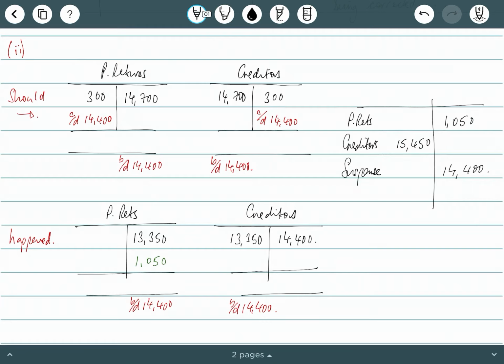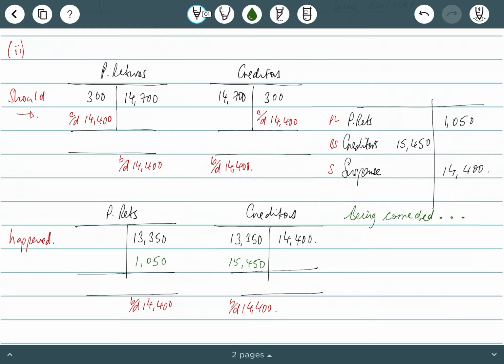And we can simply, with the green marker again, put in the 15,450 here. That will give you your required balance. All right. Again, purchase returns is a P&L, balance sheet for creditors, and suspense for suspense. And once again, lads, it's a suspense, so it's being corrected. And again, you can finish that off.